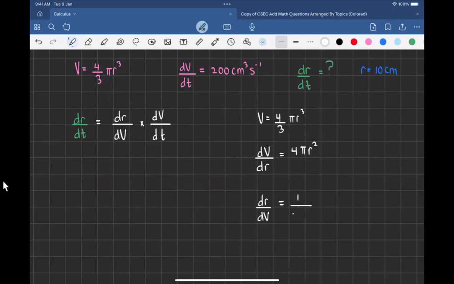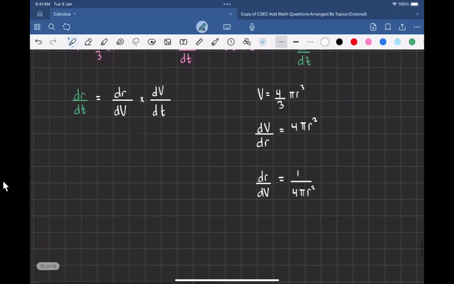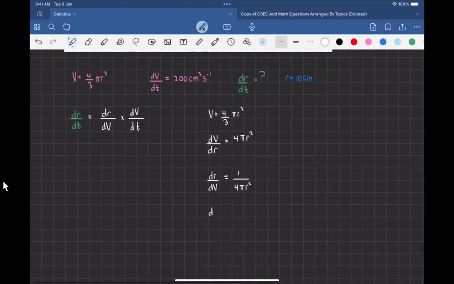And what is the radius? The radius is 10. Right. So we need to plug that in over here.